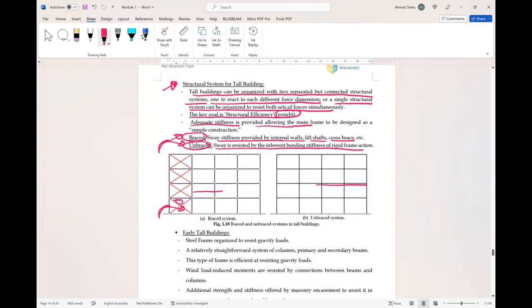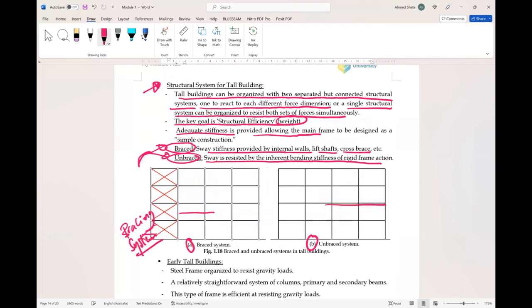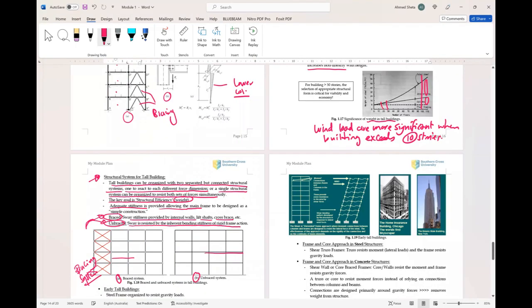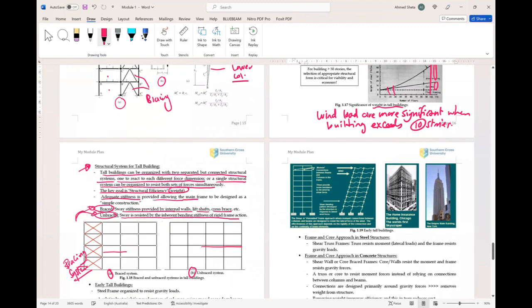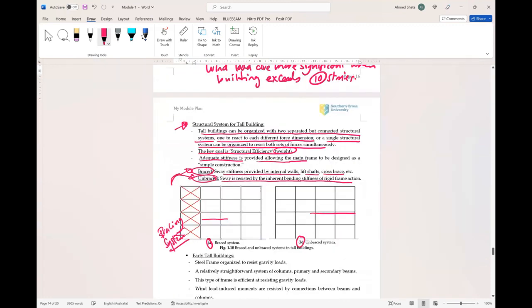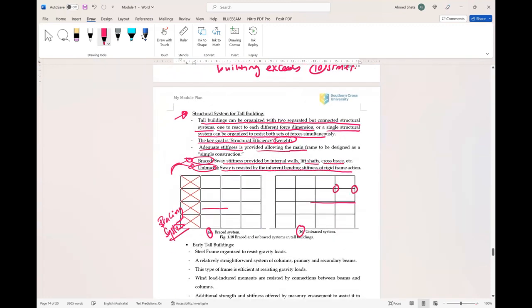In figure A, as you can see, this is the braced system. In figure B, it is unbraced, so all the lateral loads will be resisted by the framing action between beam and column.